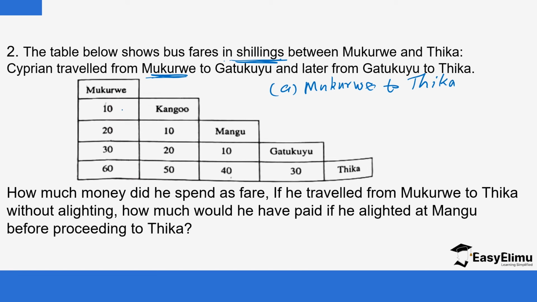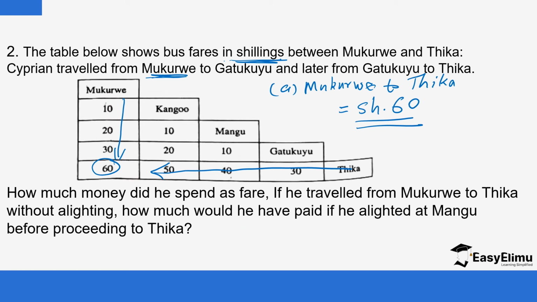So we have Mukurwe here and Thika is here. Where the row and the column intersect, they would have been charged how much? 60 shillings without alighting. What if they alighted? How much would he have paid if he alighted at Mangu before proceeding to Thika?